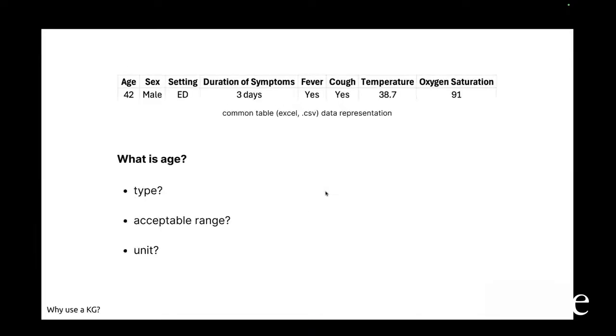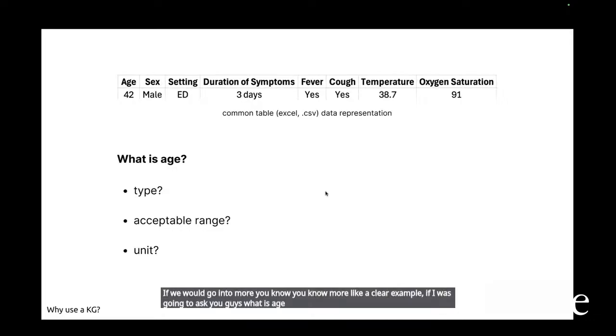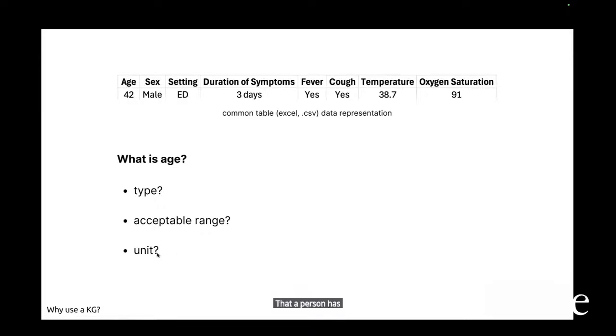If we go into a more clear example, if I were to ask you guys what is age, you're probably going to give me a description like, well, age defines the amount of years, the unit that a person has lived since birth. But again, we could ask ourselves, what is a year?